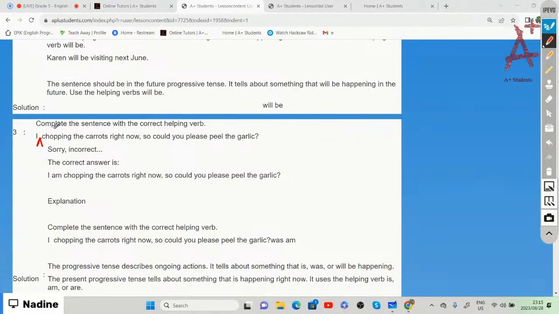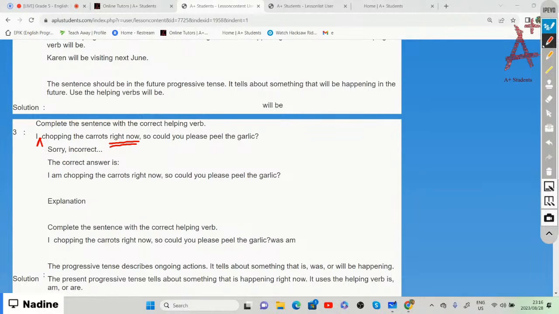Progressive verb tense. So, I chopping the carrots right now. Look at the words right now. Is it showing us ongoing action in the present, in the past, or in the future? If something is happening right now, it is telling us that something is happening in the present.